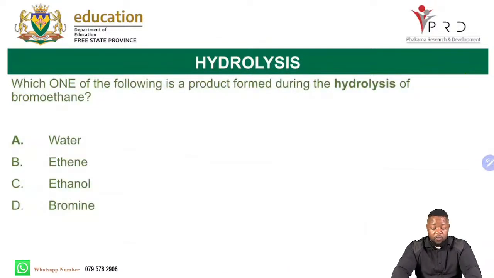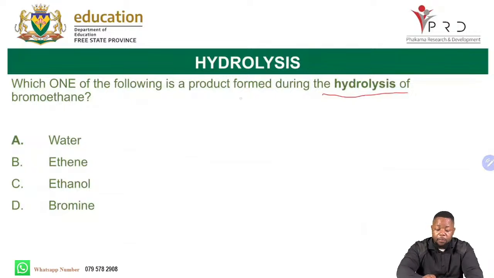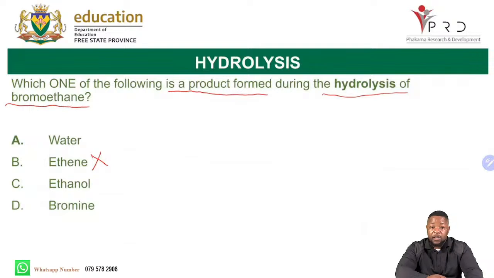Let's go into the multiple choice question where hydrolysis is tested. If you go into your examination guideline, you will see that hydrolysis is a chemical reaction of a salt with water. And then the question says, which one of the following is a product? We are looking for the product formed during the hydrolysis of bromoethane. Now, you might want to recall again that hydrolysis is a substitution reaction, and therefore, if it's a substitution reaction, it cannot give us an unsaturated organic compound.